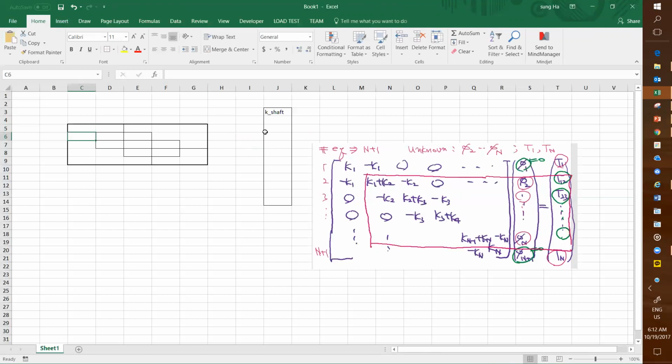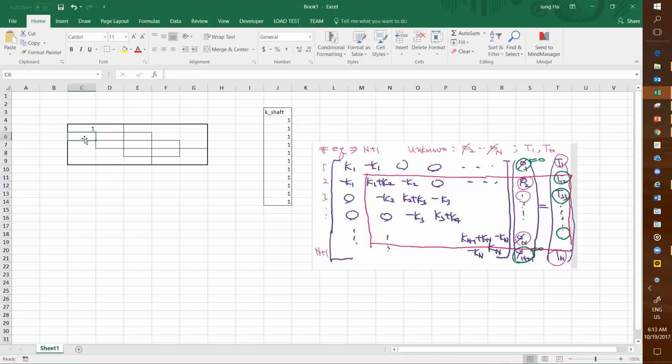So, for example, let's just use 1, 2, and some different numbers. Well, okay, let's have all the same number. And here, equal index K shaft, comma 1.